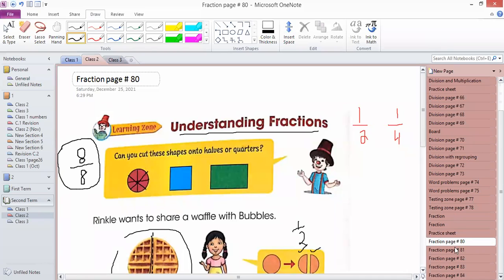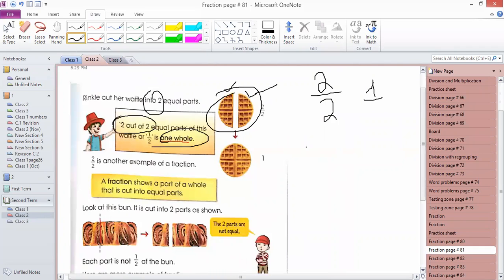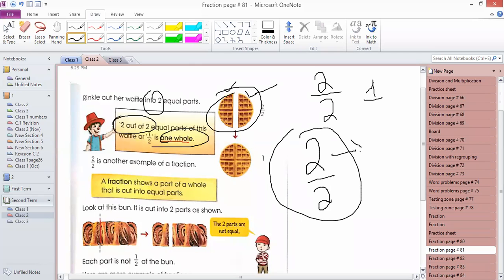So what does that mean, guys? That if you have the same numerator and the same denominator, they are equal to 1. 2 parts out of 2 parts mean 1. 3 parts out of 3 parts mean 1. 4 parts out of 4 parts mean 1. 5 parts out of 5 parts mean 1.